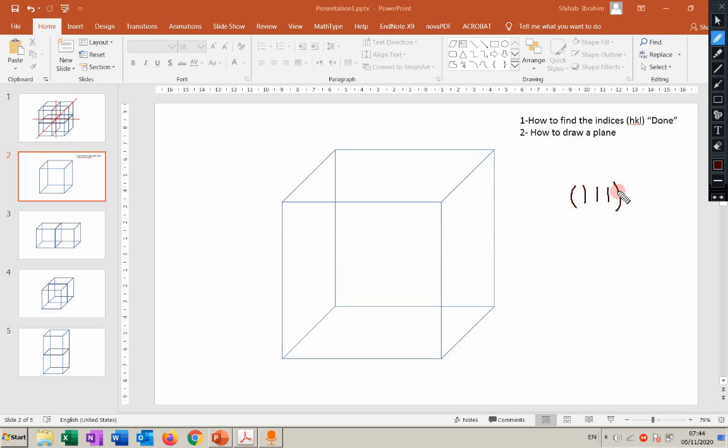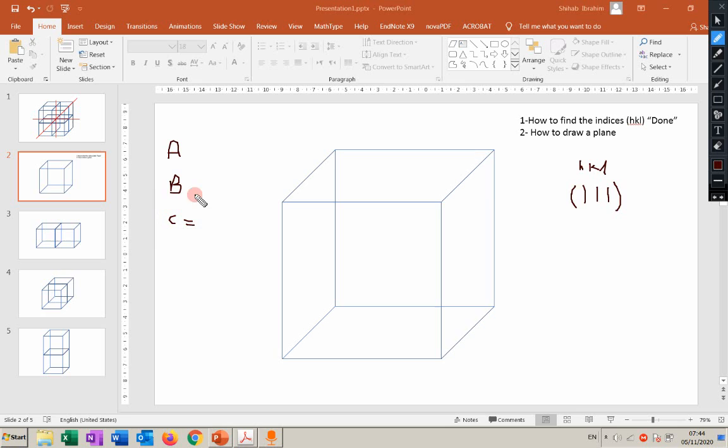Now, those are H, K, L, remember. We're going to reverse them back, because in order to draw we need A, B, C. Remember this please.